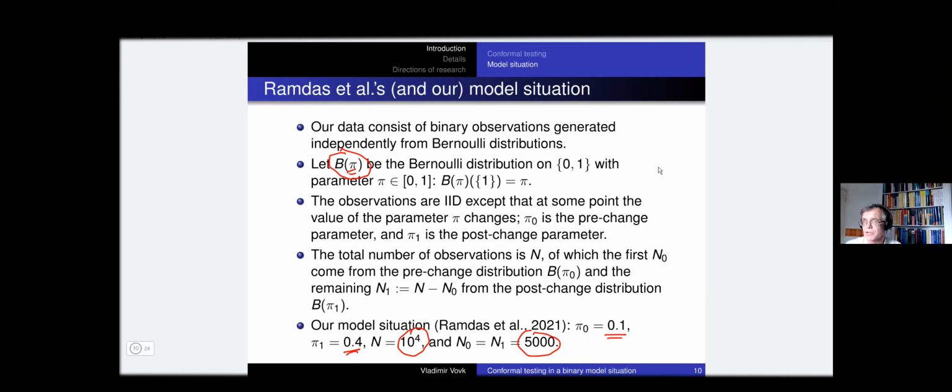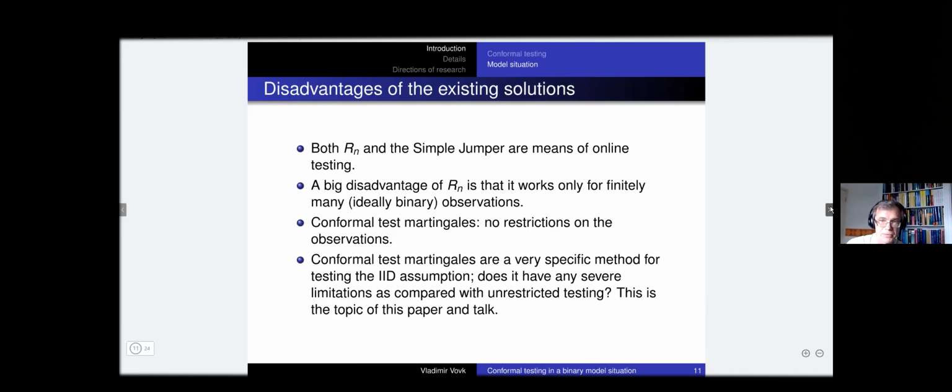So this is my model situation: 5,000 observations from 0.1, and then 5,000 from 0.4. And let's see how rich we can become. Okay, so as I told you, I already mentioned Rn works only for essentially binary observations.